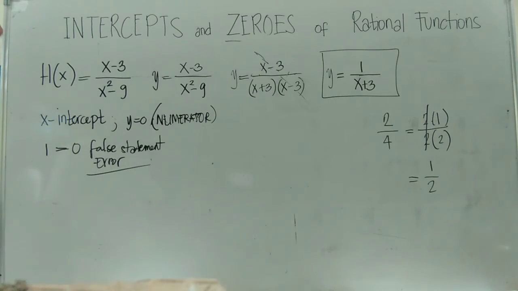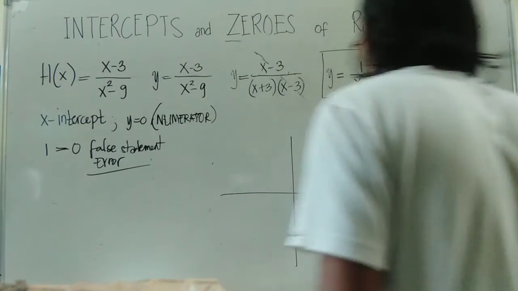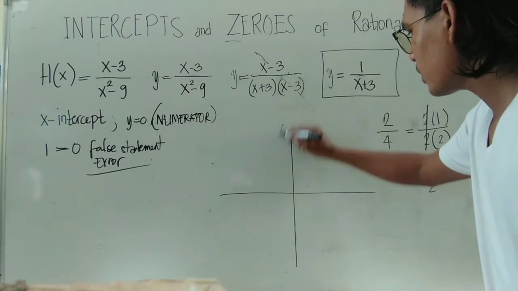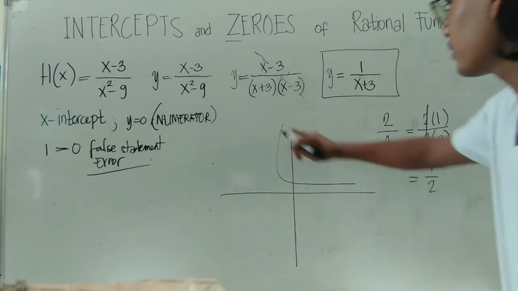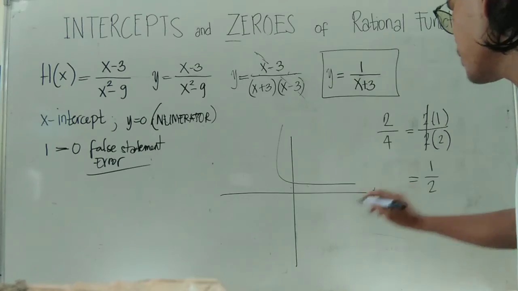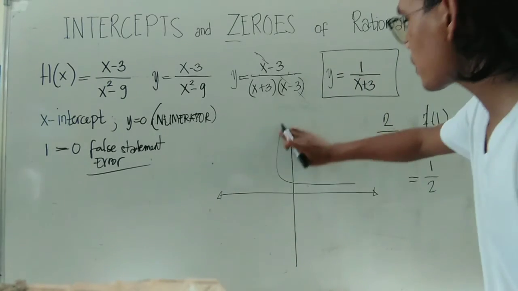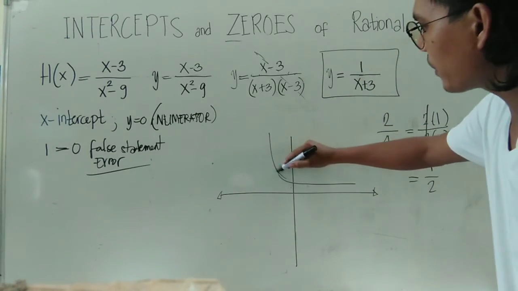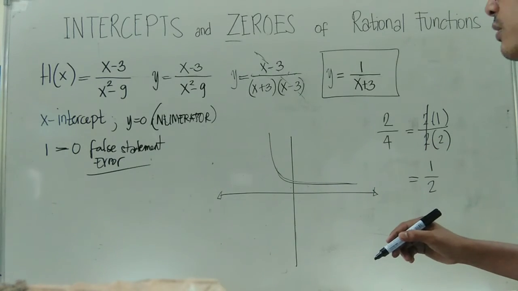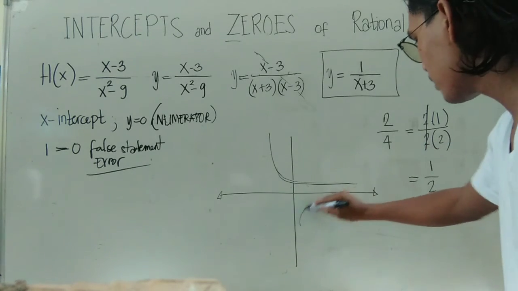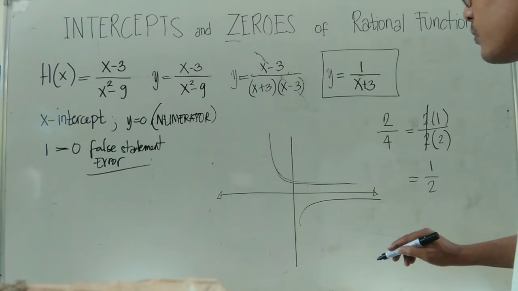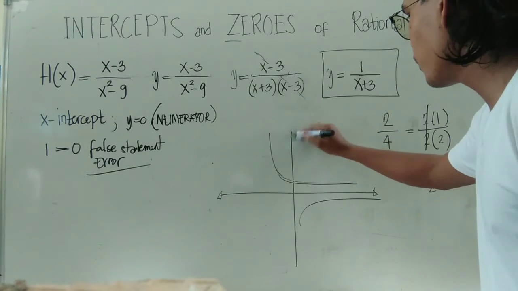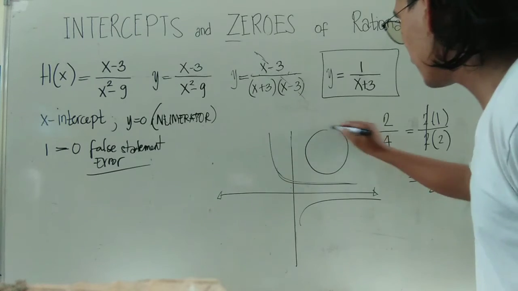Not all functions intersect at your x-axis. For example, you have this graph; some functions will not intersect in there on your x-axis. So assuming this is your x-axis, of course, some graphs will not intersect in there. Or assuming we are not on rational functions, some graphs are here.